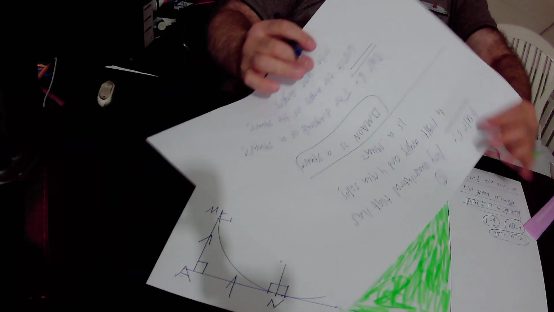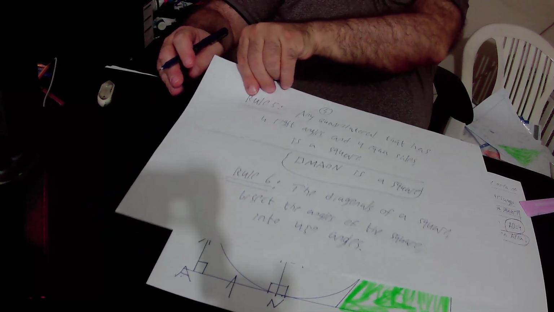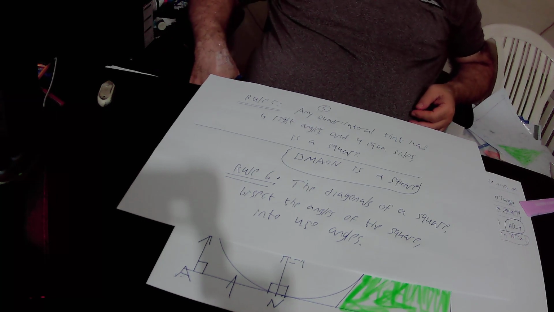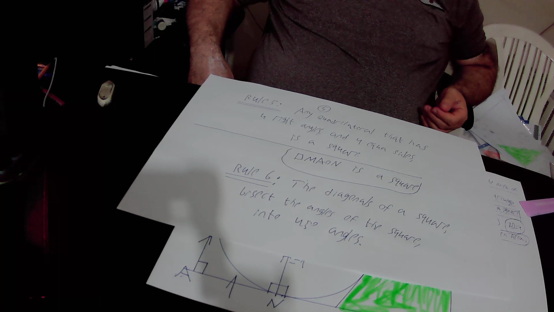So I will read rule number 6 again. According to rule number 6, the diagonals of a square bisect the angles of the square into 45 degrees angles.